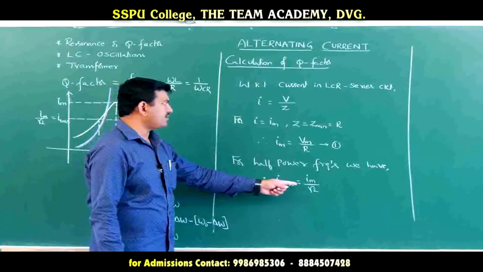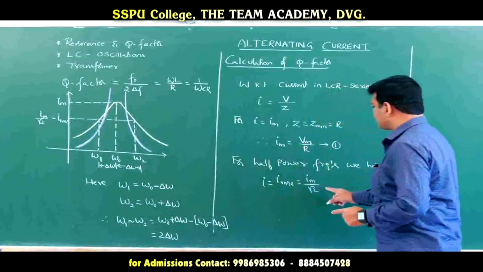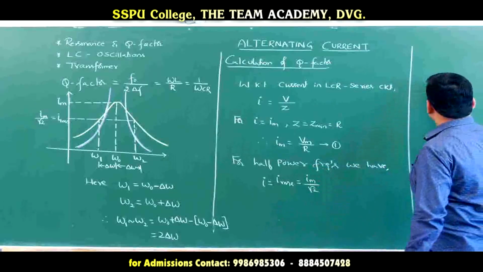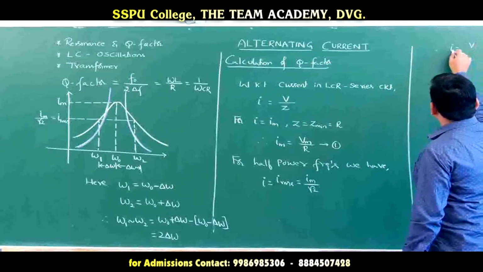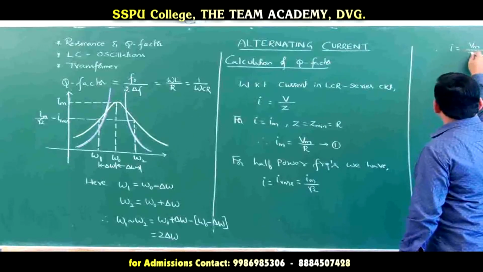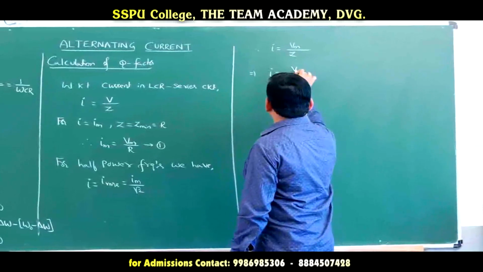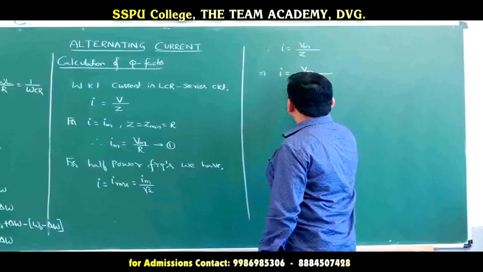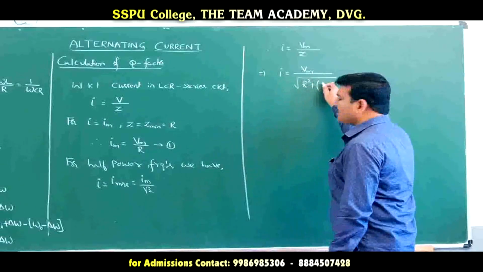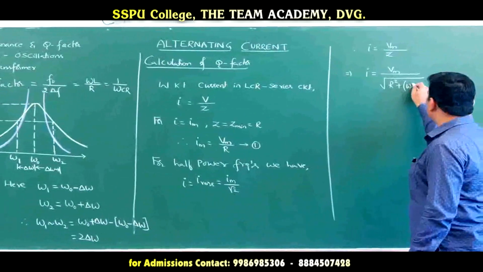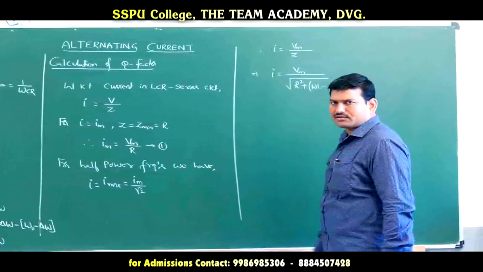So take this equation and as well as this equation. So we are having I is equal to, since I is equal to Vm divided by Z, what I can write from this one? I is equal to Vm divided by square root of R square plus chi L minus chi C whole square, otherwise omega L minus 1 by omega C whole square. Shall I write like this or not?